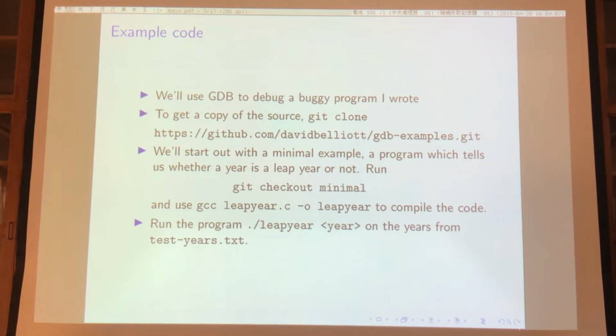The whole time, we'll use Gdb to debug a buggy program that I wrote for this. In order for you all to get a copy of the code, you'll want to run git clone followed by that URL. We'll all do that right now, and I'll give you a little bit to get that working.